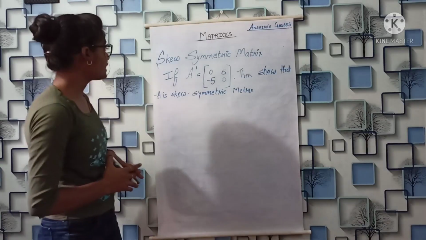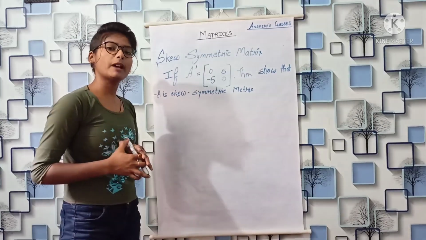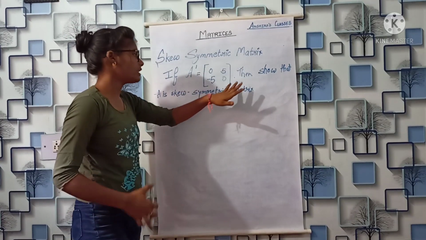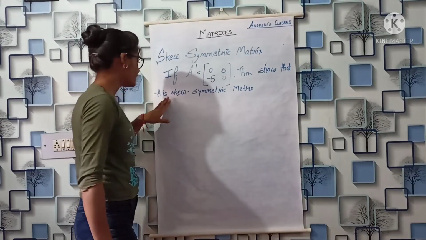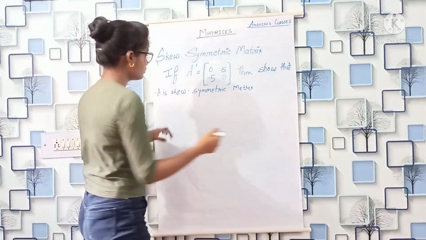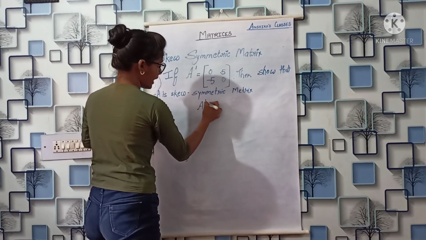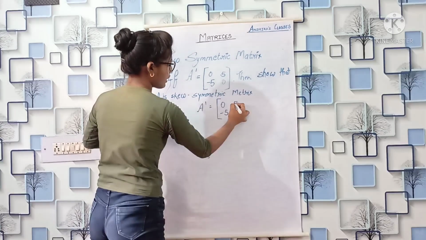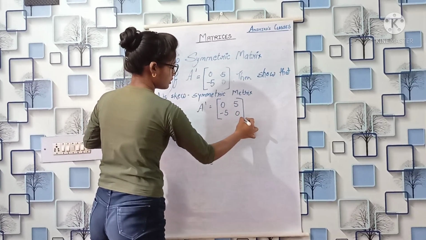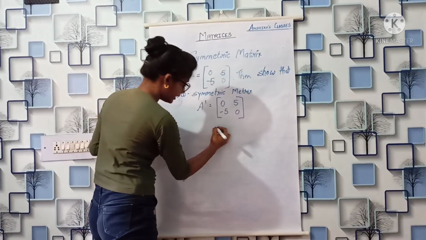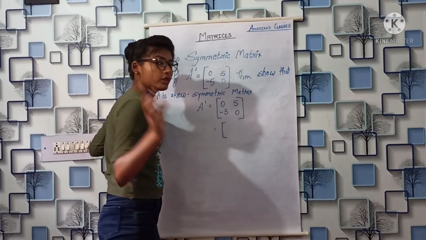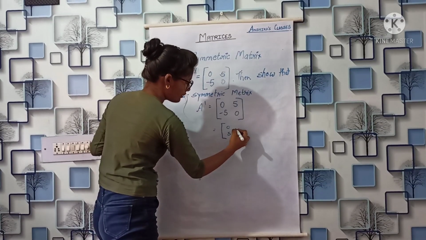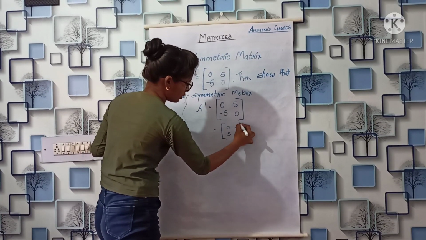So now let's talk about skew symmetric matrix. Take an example. If A is equal to this, then show that A is a skew symmetric matrix. So A is equal to 0, minus 5, 5, 0, and interchange row into column and column into row. So A dash is 0, 5, minus 5, 0.